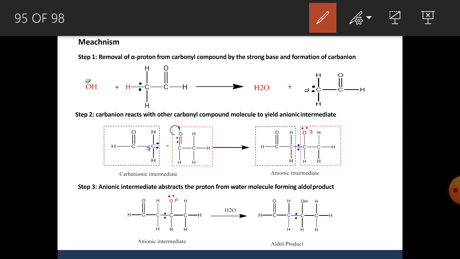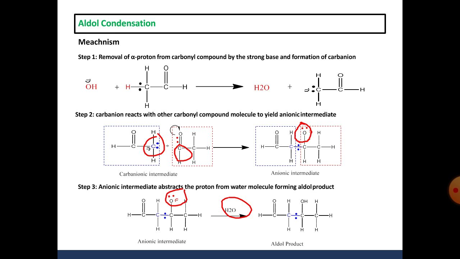So in step number 1, simply there is abstraction of a proton. After abstraction, there is formation of a carbanion. In the second step, the carbanion is an electron rich species which gets added on the carbonyl carbon which is an electron deficient species. Simultaneously, this oxygen becomes electron rich, which gets neutralized with the help of a proton and we get the aldol product. Again we can continue this reaction.